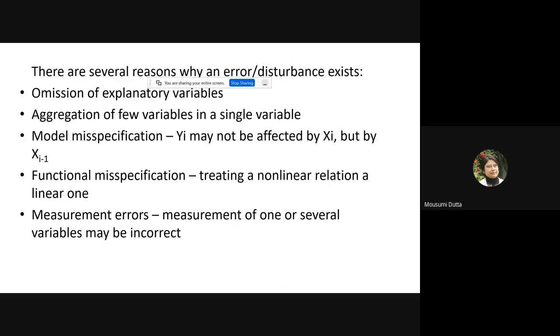Now, if you think that you will consider at least 10, 12 explanatory variables, then also in reality, there will be another set of 10, 12 variables which may affect the variability in the demand for the concerned commodity. So this is an unending process. There are a number of variables.